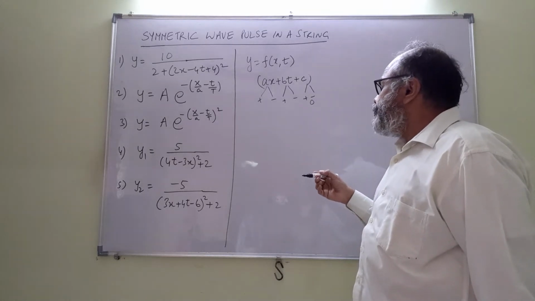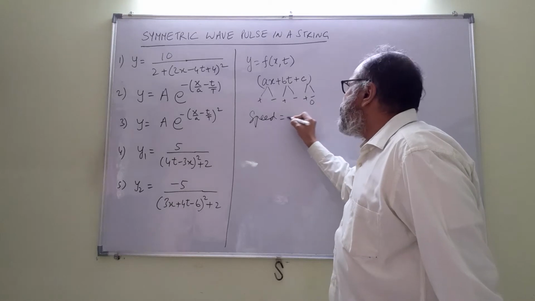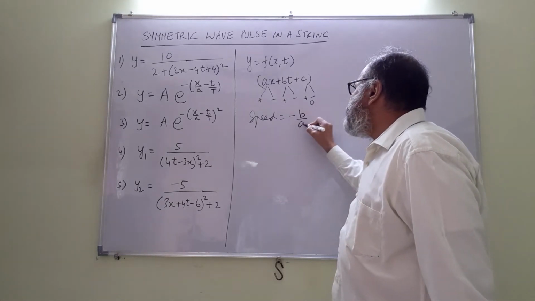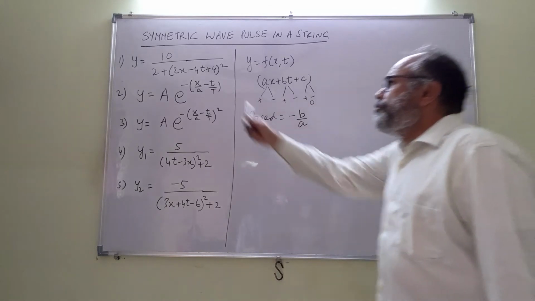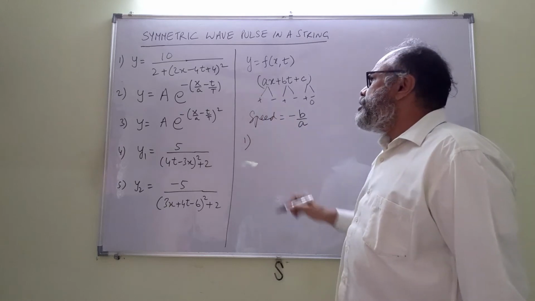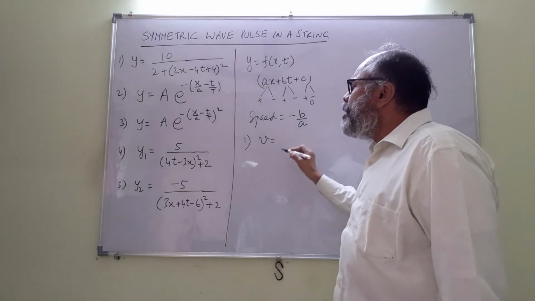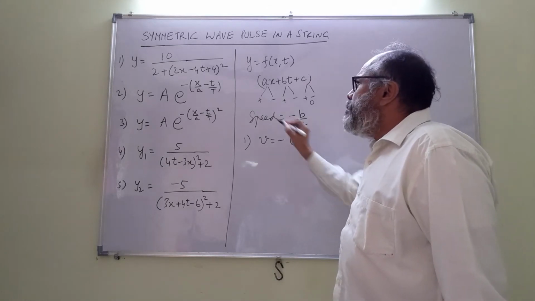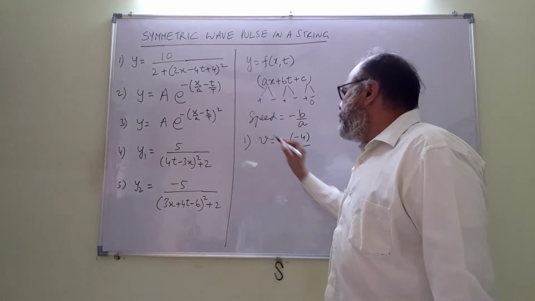Now, the speed of the wave is given by minus b by a. So if you take the first wave equation, the speed would be minus b, which is minus of minus 4, by 2.